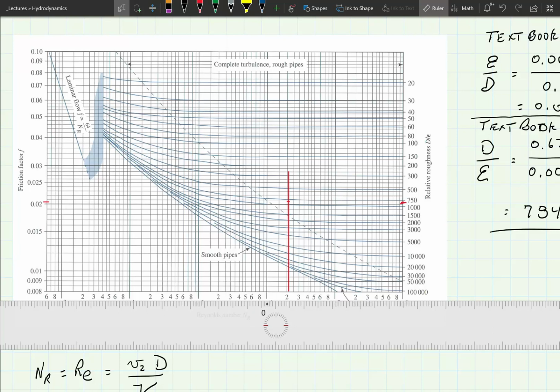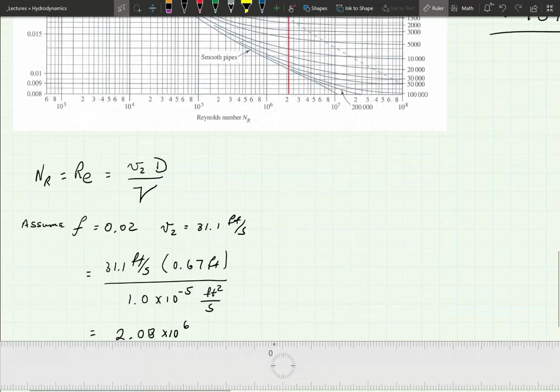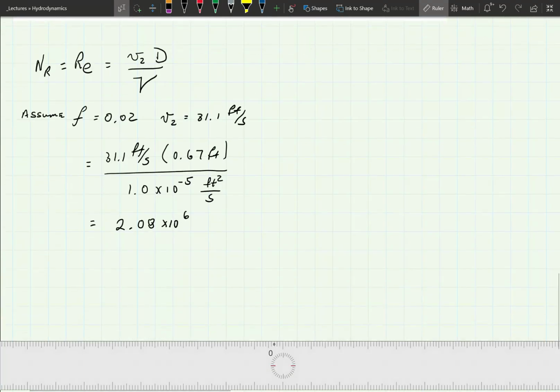According to the textbook solution, 0.21. Okay? Is that on the money? Actually, is that the right answer or is that the next guess? I'm sorry. Yeah, it comes out as the friction for this one is 0.021 from the Moody diagram.